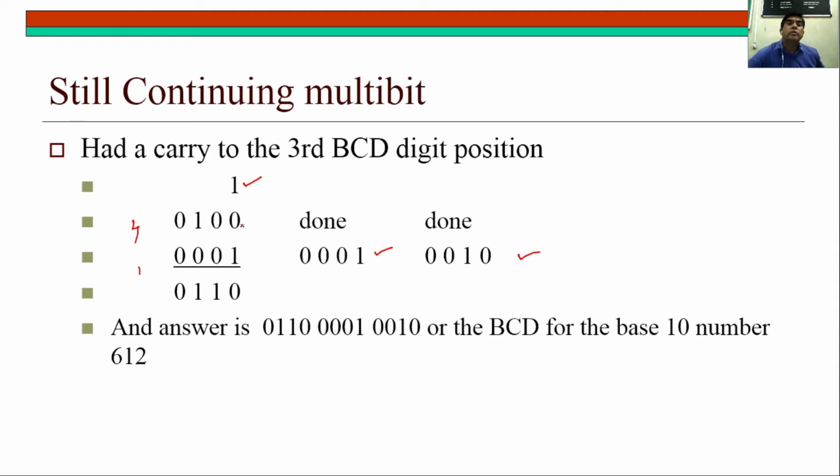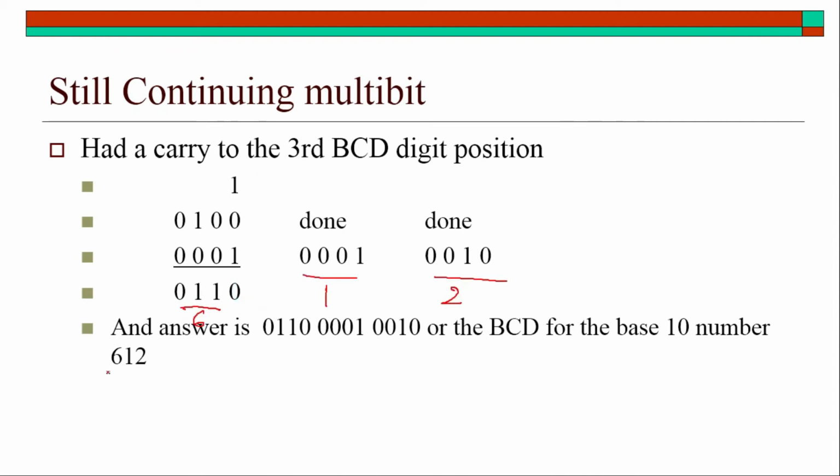What we do? 1 plus 0 plus 1 is 0, carry 1. 0 plus 1 is 1, carry 0. Here 1 plus 0 is 1, carry 0. And here 0. What is this? 6. 6 is a valid BCD number. So the answer is 6, 1, 2.